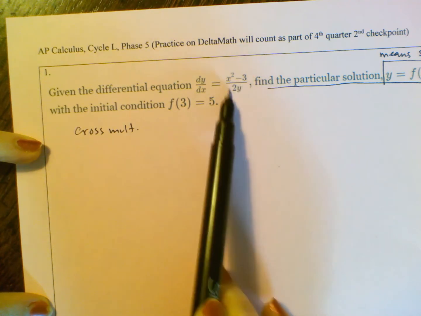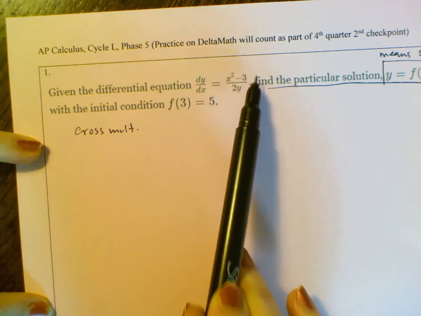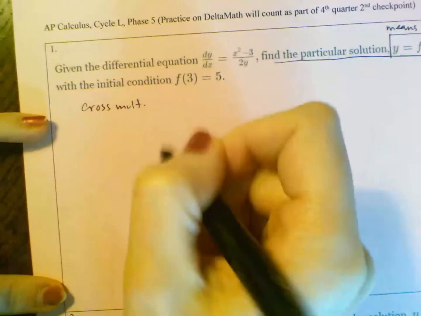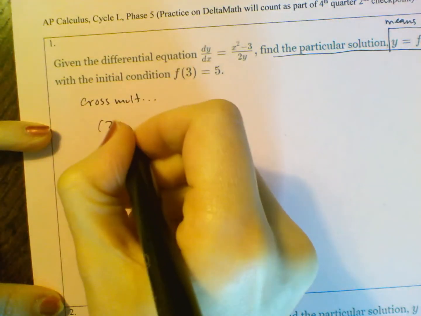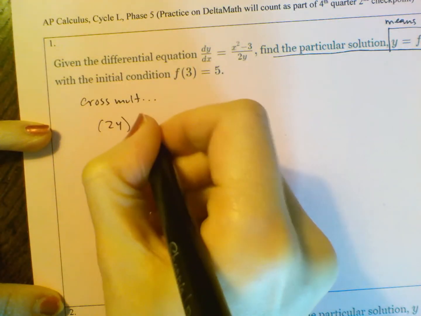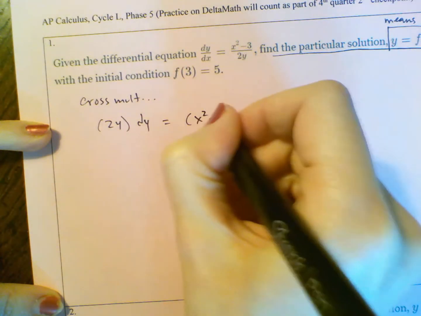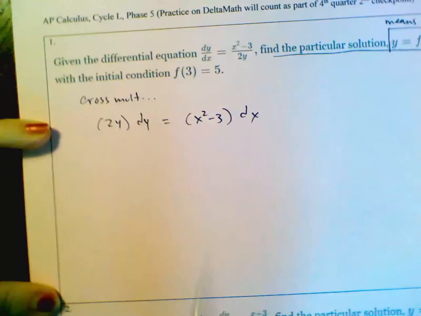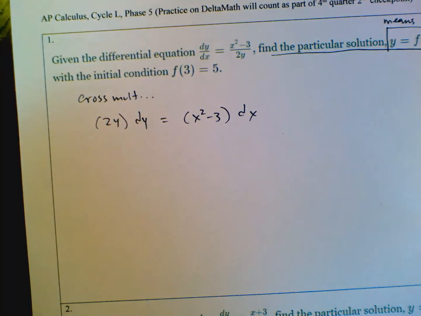So this bottom goes up there, this bottom goes up there. Here we're cross multiplying. So we end up with 2y dy equals x squared minus 3 dx. Important that the dy and the dx are at the ends, because I'll show you why in a minute.